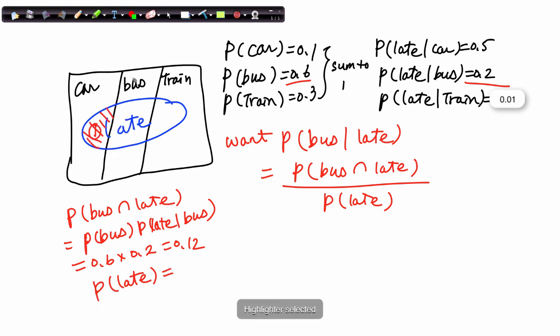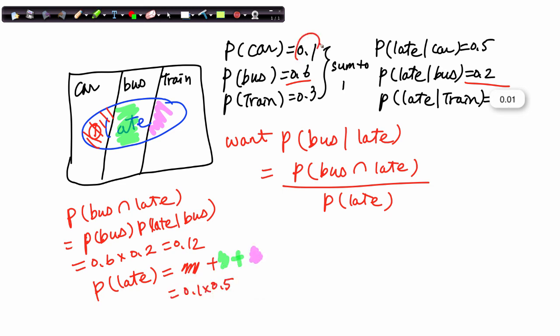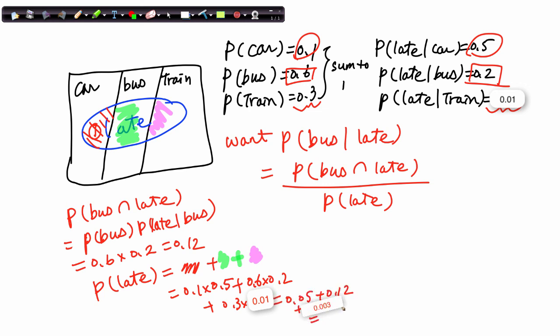The bottom of the equation is calculated by law of total probability. In particular, the probability that N is late is the conditional probabilities that she is being late weighted by the probability of the transportation mode. Then we can obtain the final answer.